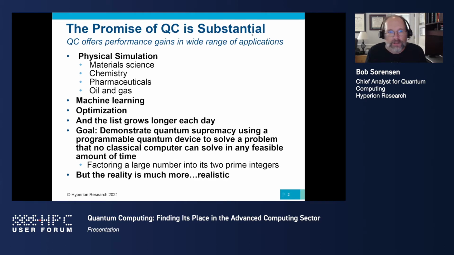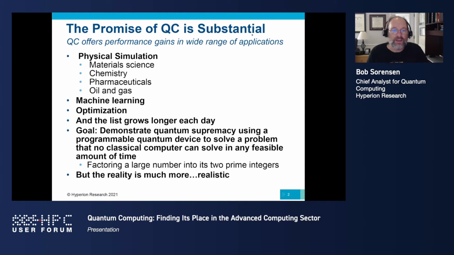For example, figure out the best way to load a large group of luggage and other materials into the cargo hold of an Airbus airplane as it turns around at a gate. What's the best way to get the most luggage in there in the least amount of time? Those kinds of optimization problems are really driving a lot of the interest in quantum computing today. And as I stress, that list grows longer each day.